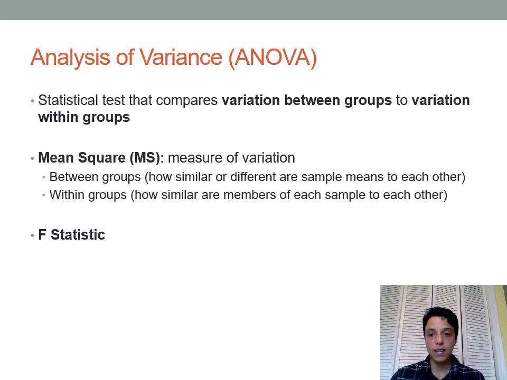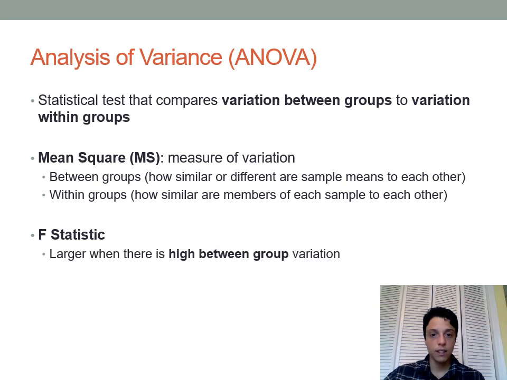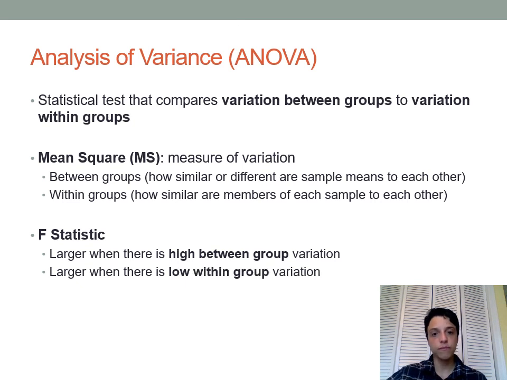An F statistic is similar to a z-score, it's similar to a t statistic in that it is a statistic that can be plotted on a standardized sampling distribution, and then you can use it to calculate a p-value to tell you how likely or unlikely your sample is. The F statistic is larger when you have high between group variation, meaning it's larger when you have big differences between your sample means.